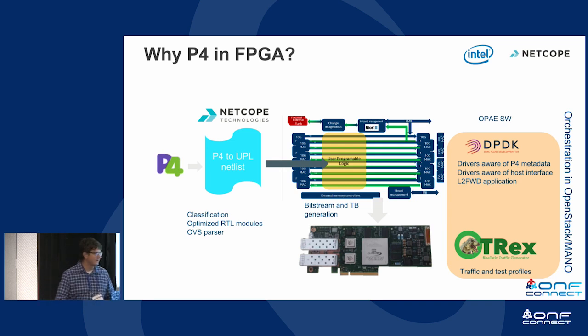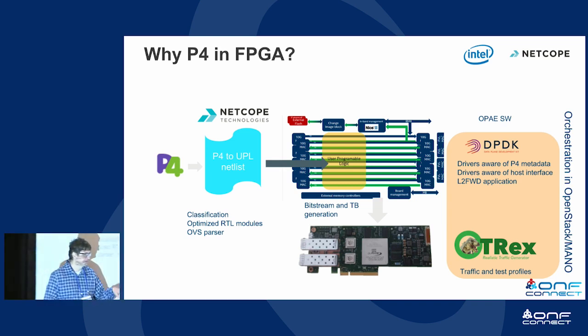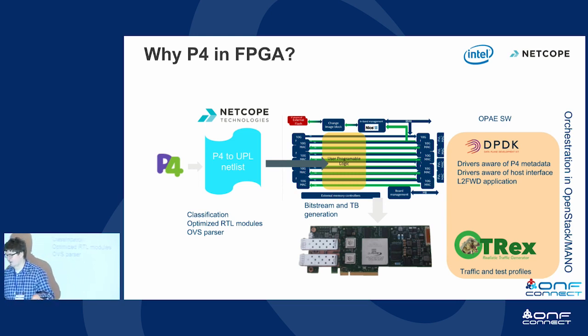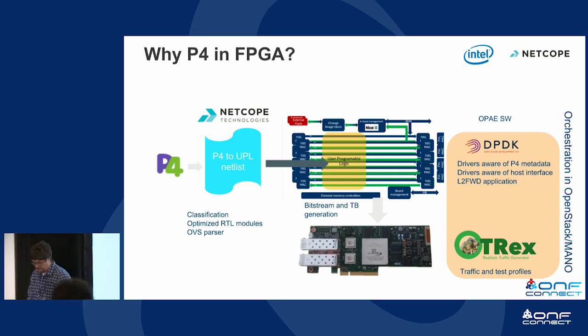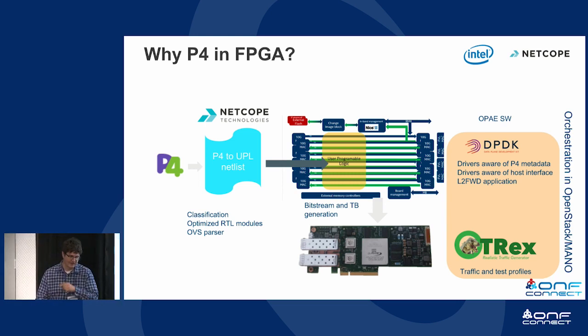We are also working on generating the traffic and the test profiles. What was also mentioned by the guys from Google is how to test that, to make sure that we are able to test and validate correctly what we have inside of the P4. Because it is very easy to create some P4 code.